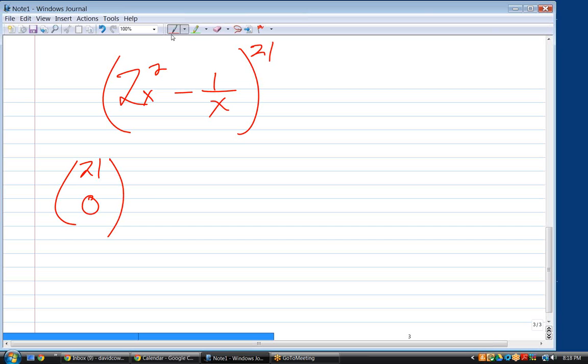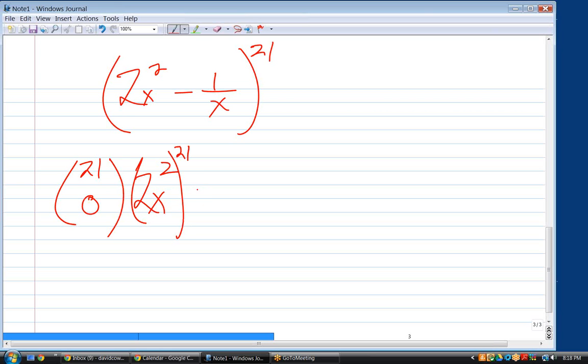In other words, if you look at your binomial theorem, that first term is n choose 0, times a to the nth. So it's 2x squared to the 21st. But critical is the parentheses. It means something different if you don't put the parentheses. And there's no b term. The first term never has a b term.